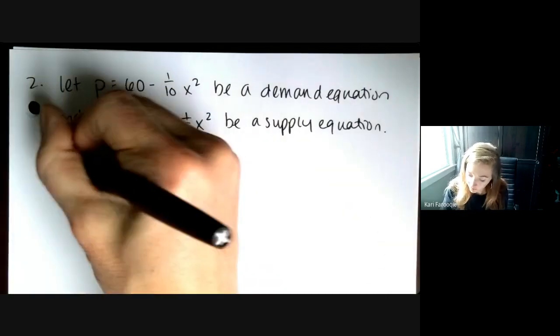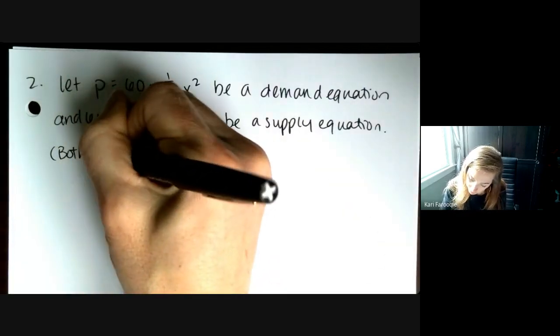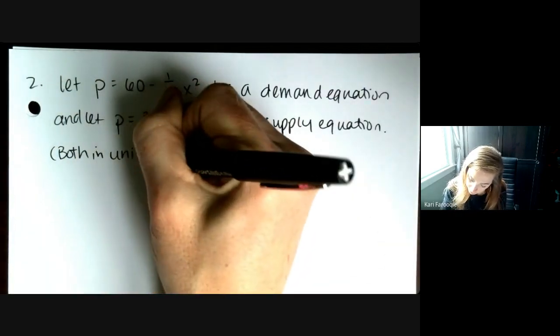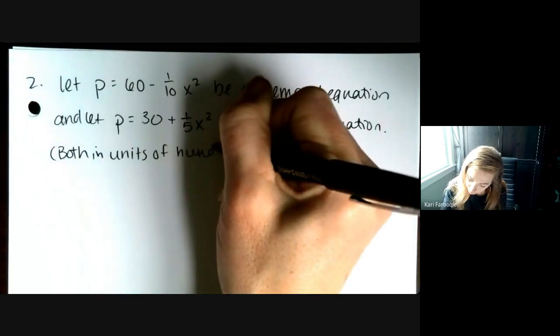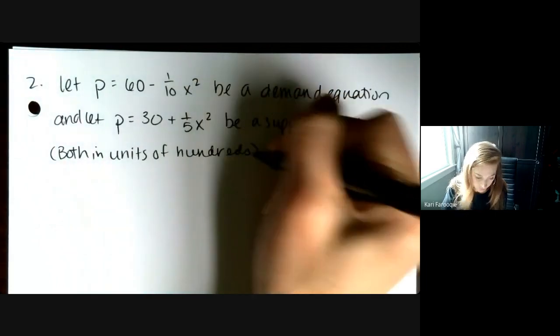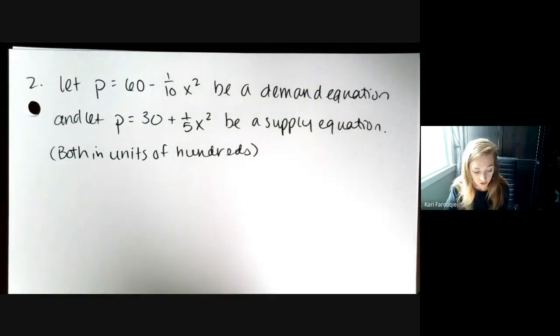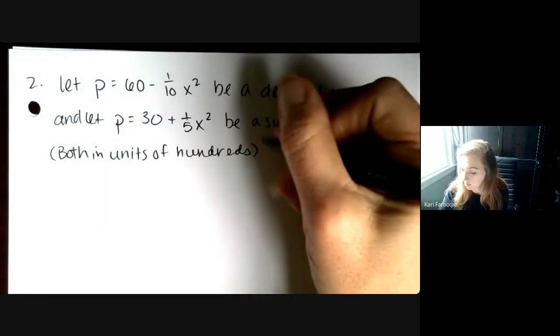Both in units of hundreds. Find the producer surplus at the equilibrium point.